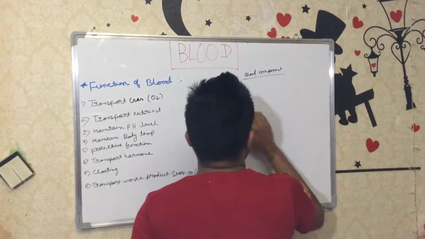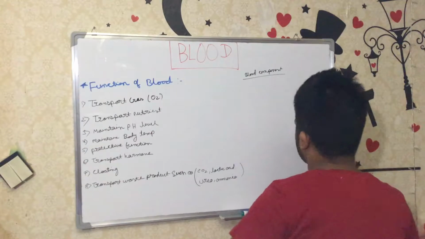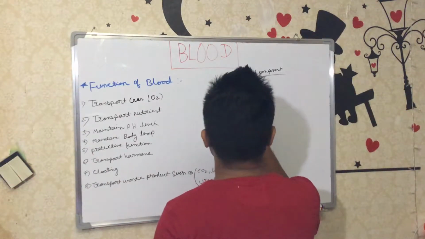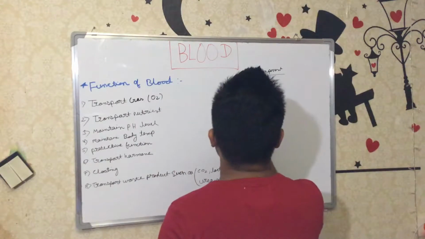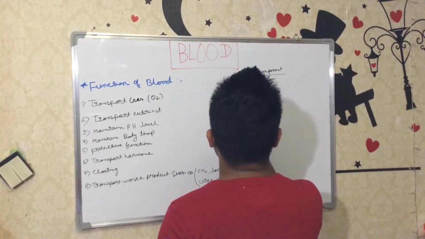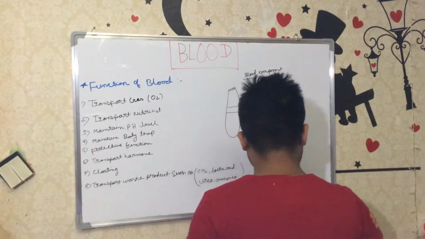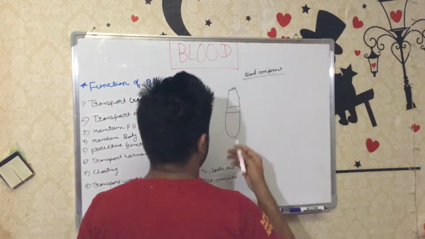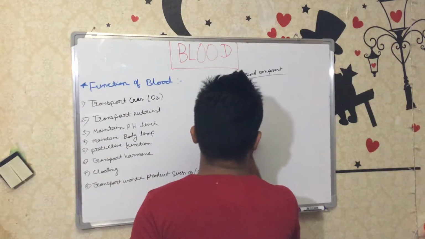Should we draw it very clearly? So after centrifugation, this is the tube, and it is divided into three main categories.